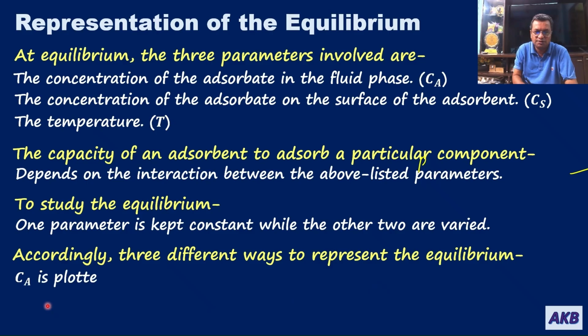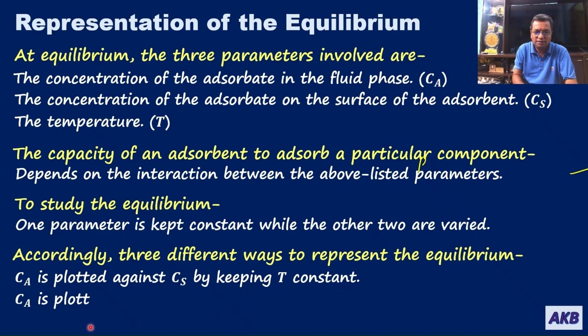The first way is you can change Ca and Cs and get these values. And once you have these values, you can plot them against each other by keeping T constant. So Ca is plotted against Cs by keeping T constant. This is one way.